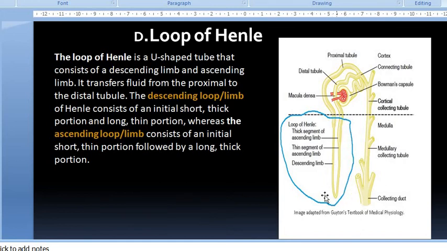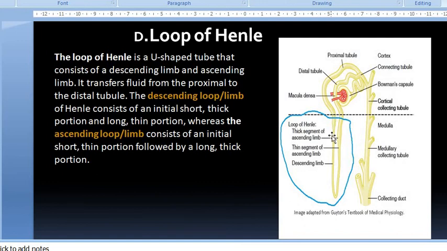This highlighted part is the loop of Henle. It's a U-shaped tube which consists of two limbs, the ascending limb and the descending limb. The ascending limb consists of an initial short, thick portion and a long, thin portion.